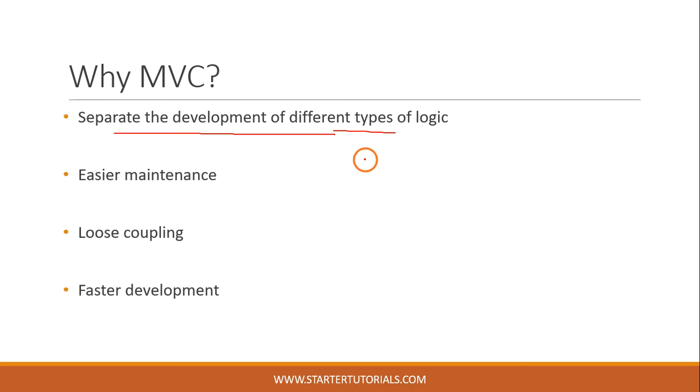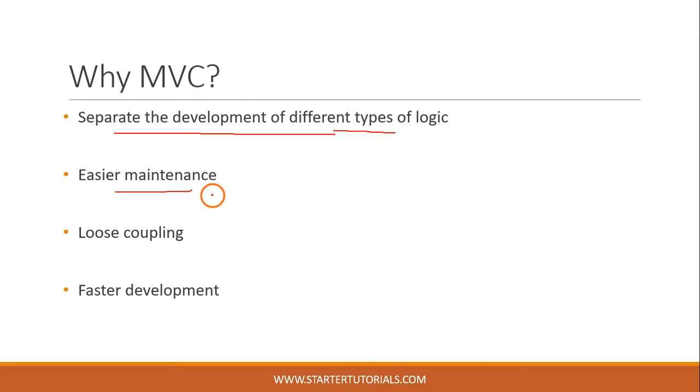A person who knows only simple Java logic works with the model. And the person who knows only servlets will work only with the controller. They don't care about the remaining things. And this provides easier maintenance.